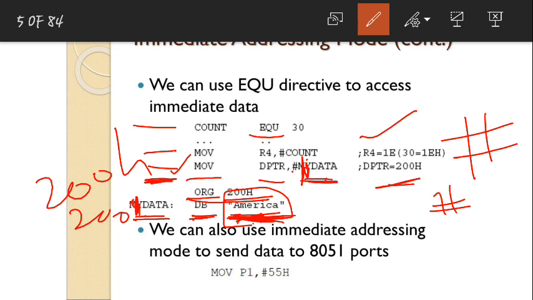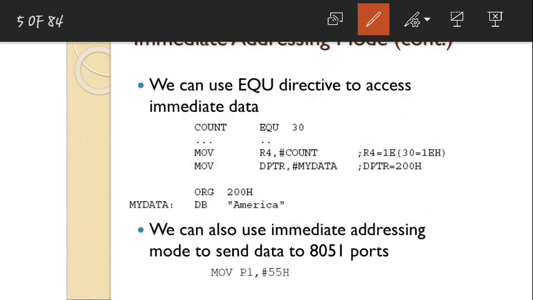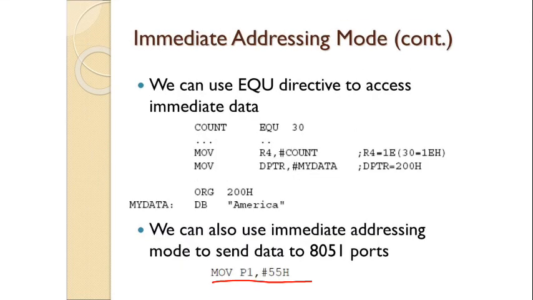So here we can also use immediate addressing mode to send data to 8051 ports. What does that mean? You have 4 ports in 8051. So by using this immediate addressing mode, see here he is trying to move 55H into P1. Okay, 55H into P1.